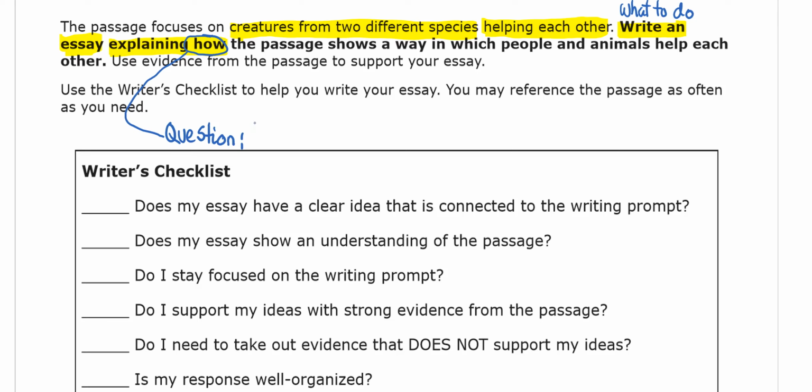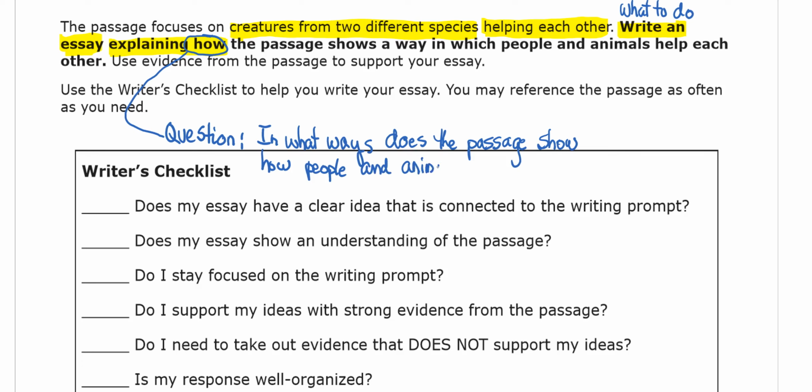This in a question would be: in what ways does the passage show how people and animals help each other?